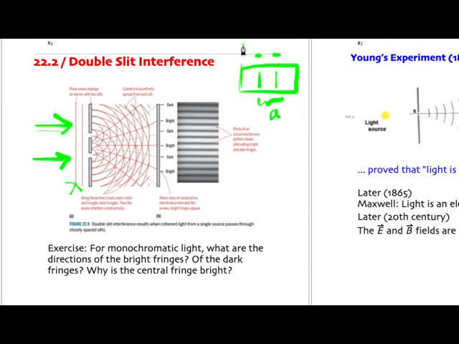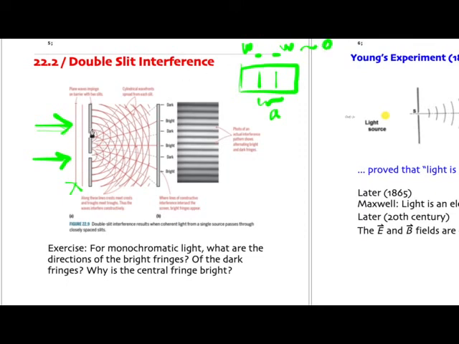We might call that W. But for this section, we're considering cases where W is very small. So W is, compared to the other wavelengths, 0. So we really only have two parameters, the wavelength and the distance between the slits. And the third distance, we just set that equal to 0.